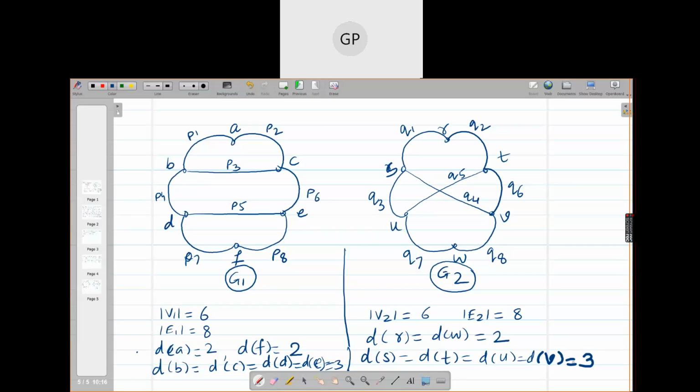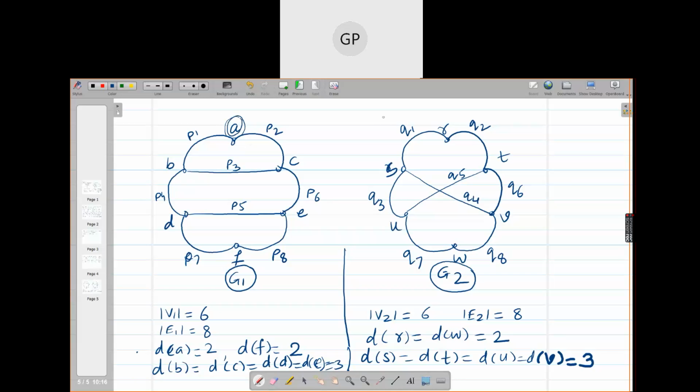Yes, ma'am. Now, what else do you observe here? Tell me. Now, look at the vertex A carefully.